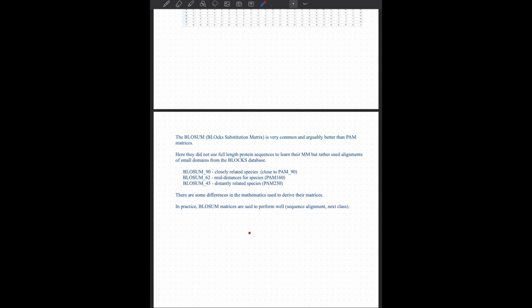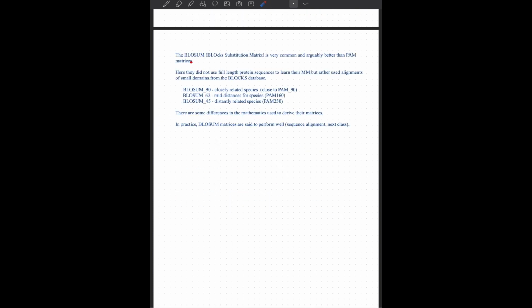Actually, I'm going to make one final statement to say that there's another type of matrix called BLOSUM, and they came after the PAM matrices, and they're considered to be very good. Their methods and the Markov models are very similar.